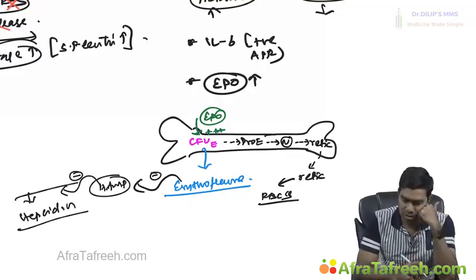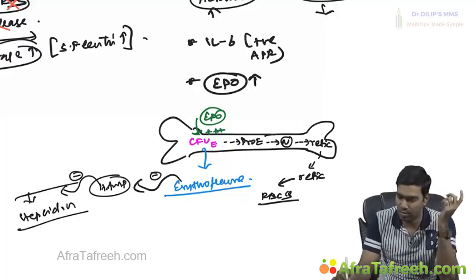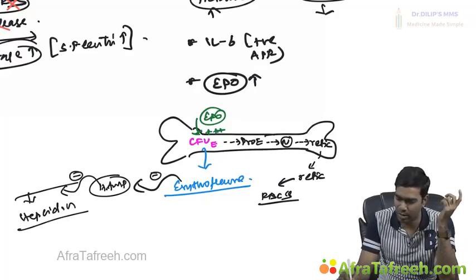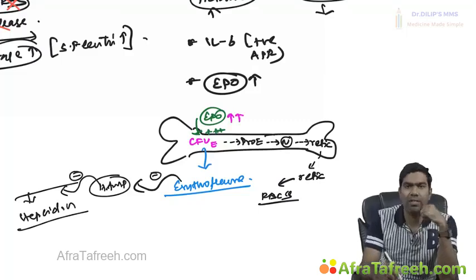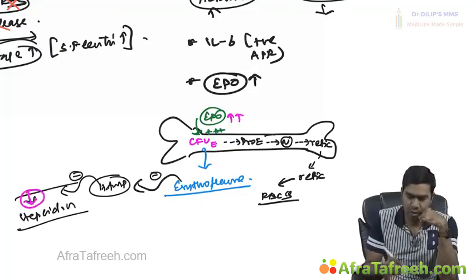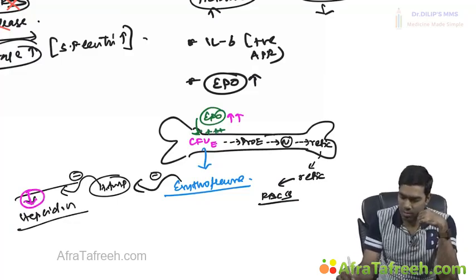So whenever you have a high erythropoietin, as a consequence, you are going to have a low hepcidin. So we can rub it here.